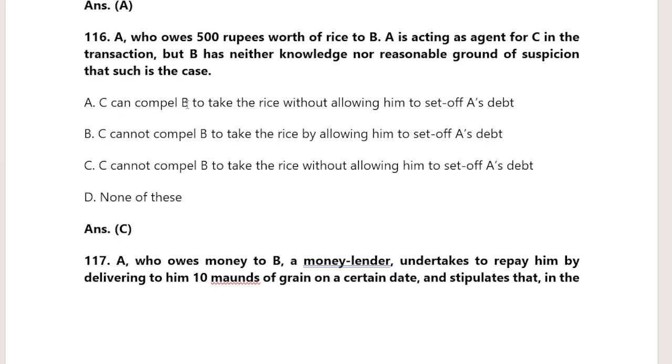Option A: C can compel B to take the rice without allowing him to set off A's debt. Option B: C cannot compel B to take the rice by allowing him to set off A's debt. Option C: C cannot compel B to take the rice without allowing him to set off A's debt. Option D is none of these. The right answer is option C.